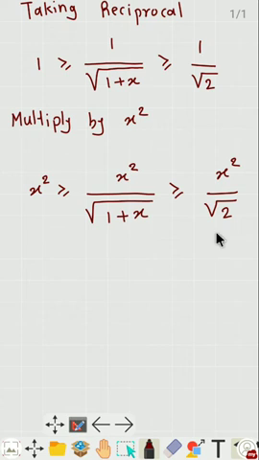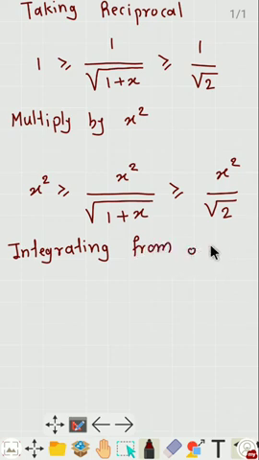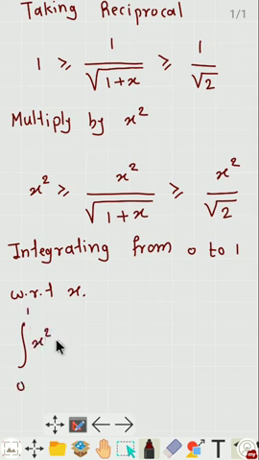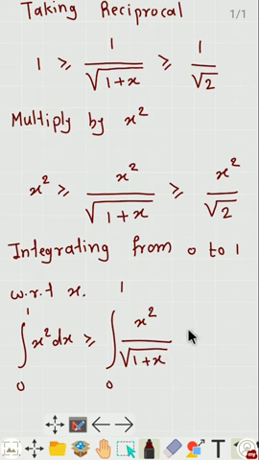Now integrating this inequality with respect to x from 0 to 1: integration 0 to 1 of x square dx is greater than or equal to integration 0 to 1 of x square divided by square root of 1 plus x, which is greater than or equal to integration of 0 to 1 of x square upon square root 2 dx.